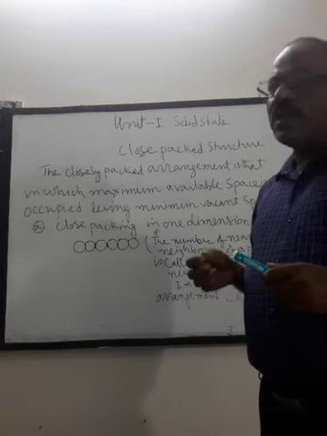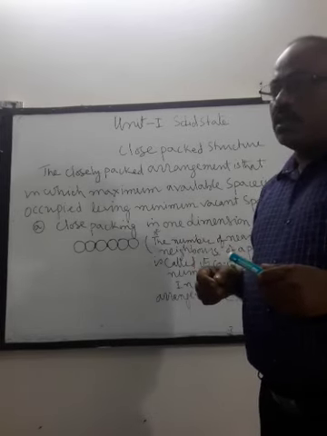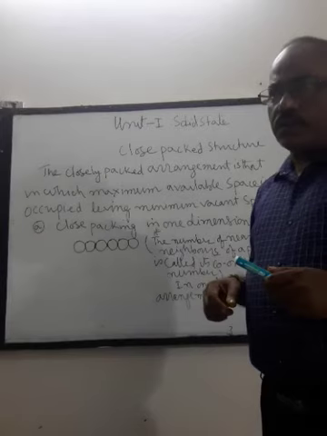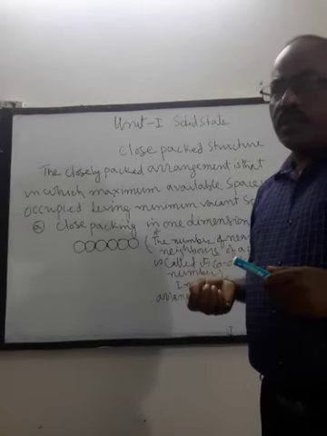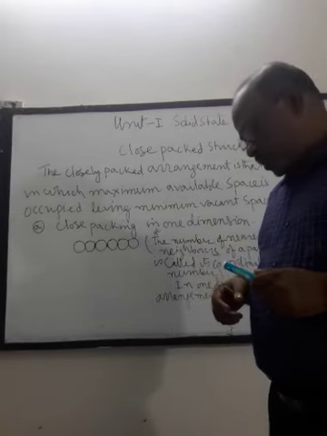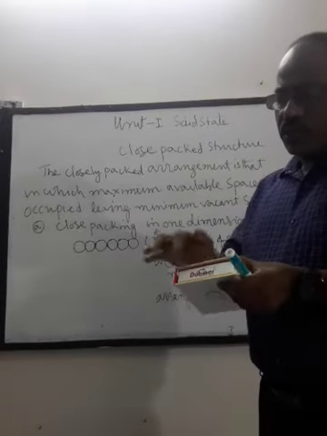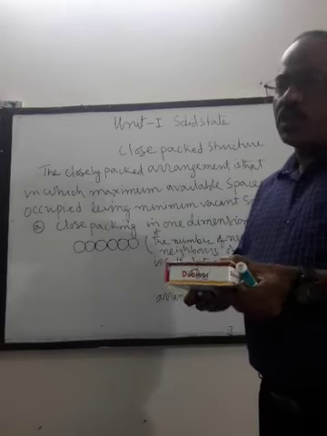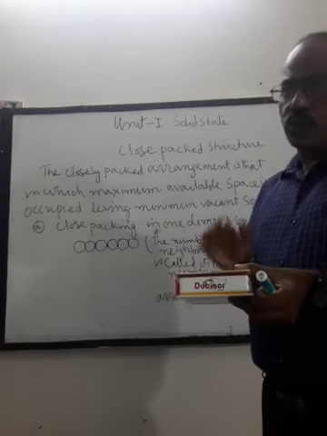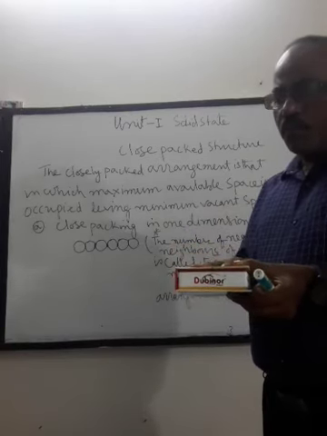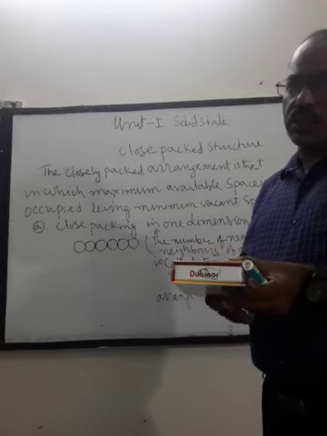So actually in case of solid, atoms, molecules or ions, which are called points, are packed in the structure. If we consider any solid, it is packed with either atoms, molecules or ions and forms a close packed structure.